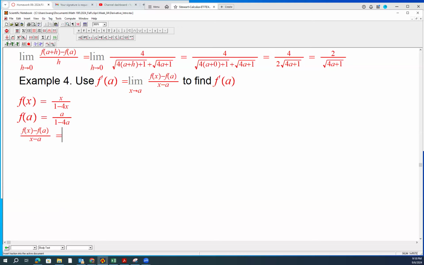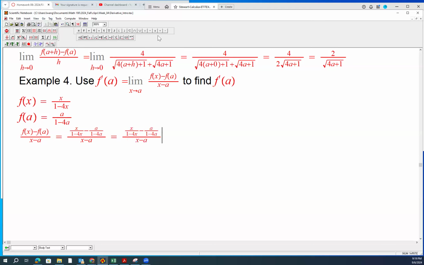Equals x minus a, we keep it, f of x right there, subtracting f of a. All right, complex fraction again. So what are we going to do about it?